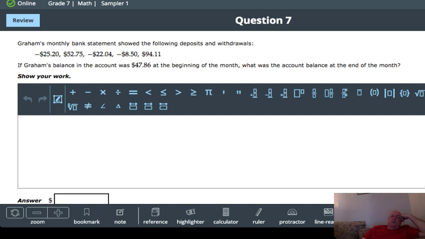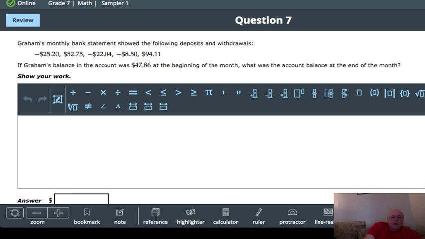So we have to assume the account was starting from 0, and we just add and subtract till we get there. However, we note that it says his balance started with 47.86 at the beginning of the month. So what was the account balance at the end of the month? This means taking all those numbers and popping them through there. They want you to show your work, so basically you're going to write all the stuff out.